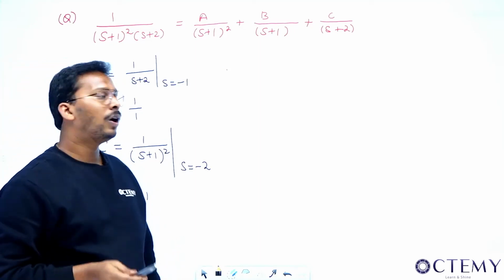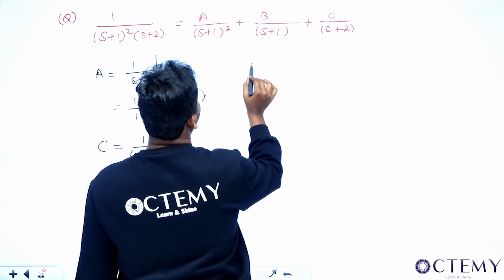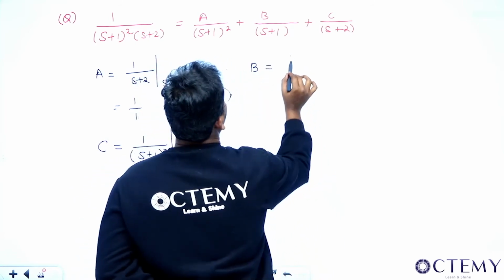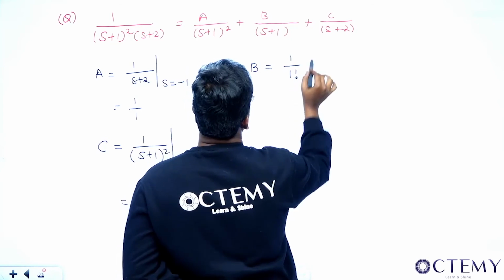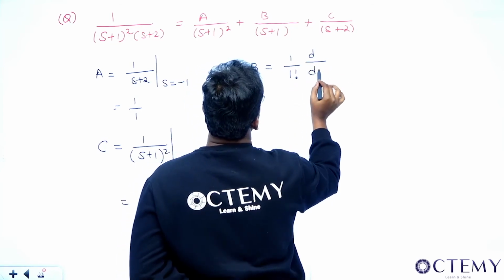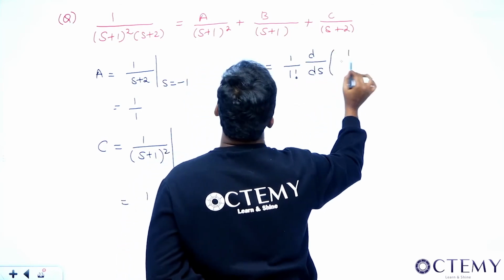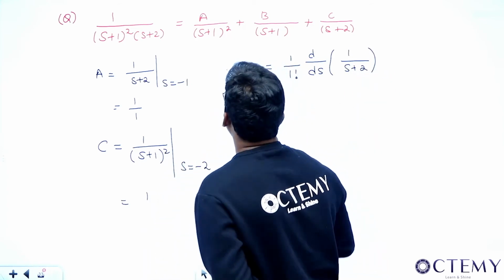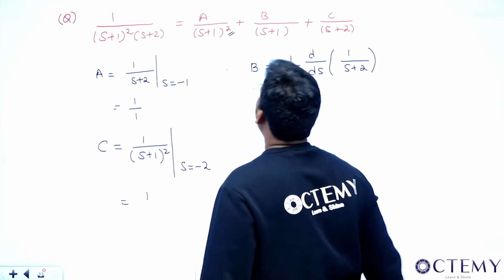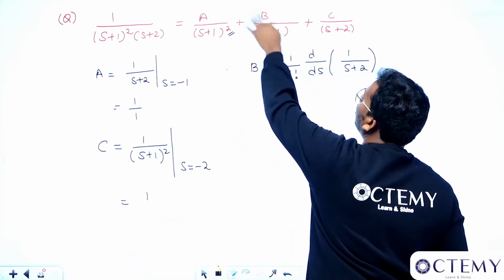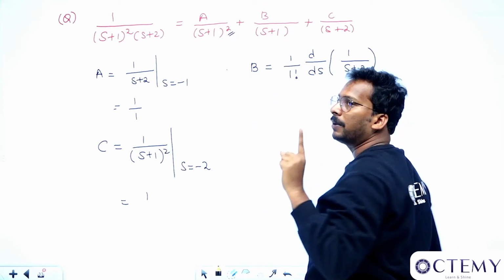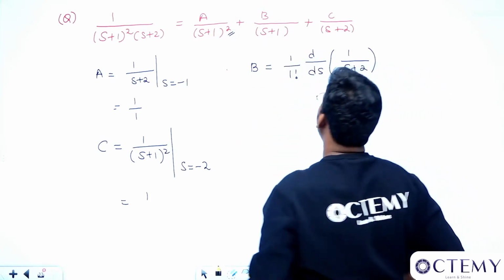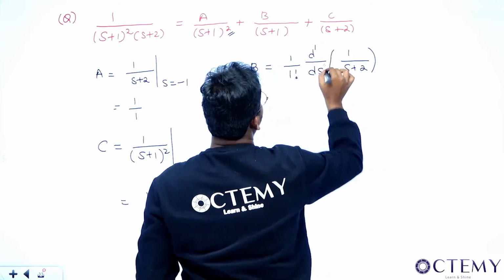Now, when you want B, B will be like this. B will become 1 by 1 factorial d by ds of 1 by s plus 2. What you have to do is, this is the highest power. Compared to highest power, how many powers it has decreased, sir? It has decreased 1 power. So write 1 by 1 factorial and differentiation also 1 time, right?